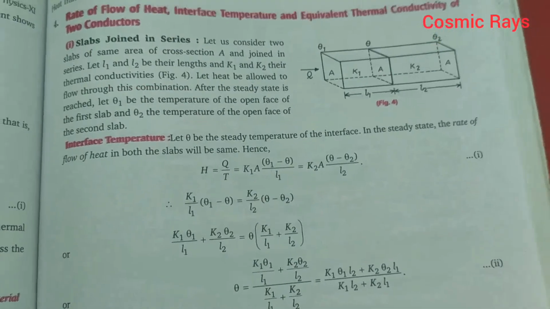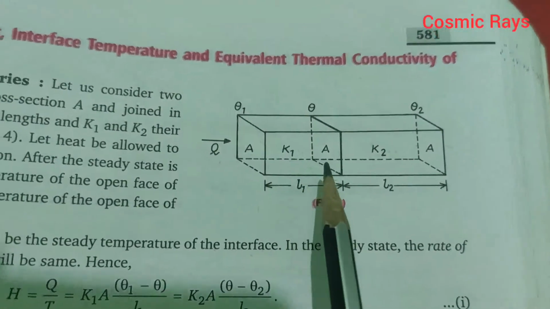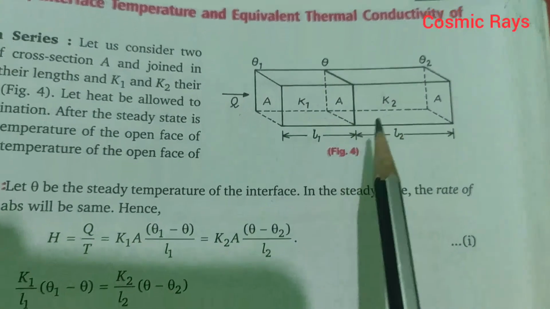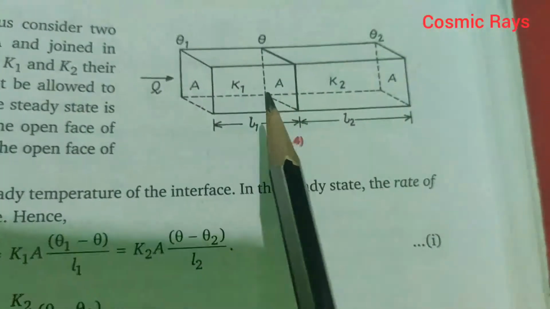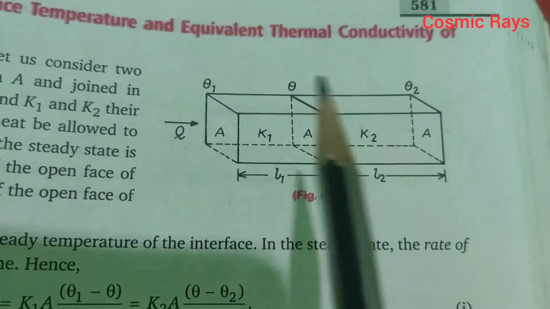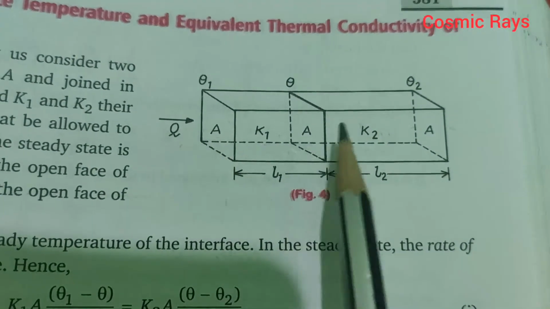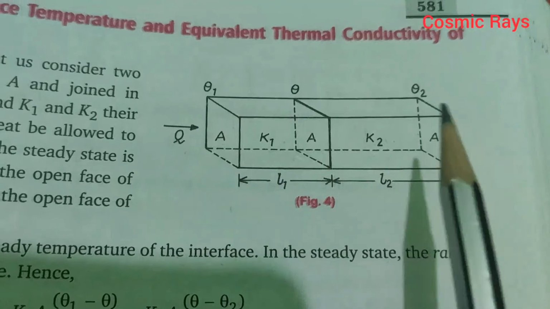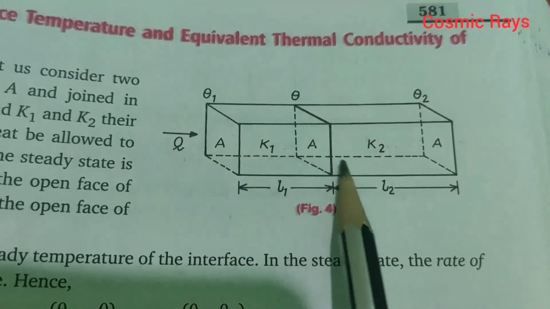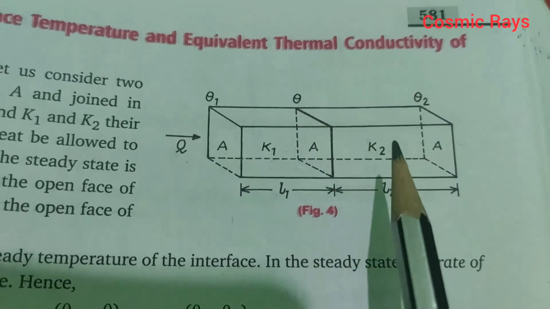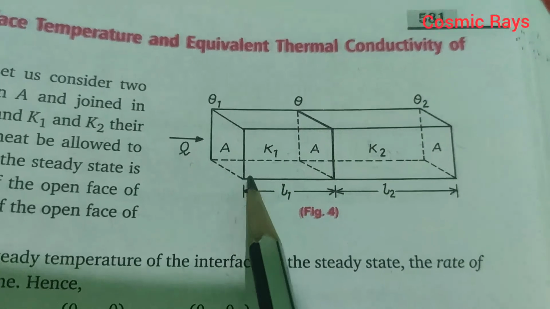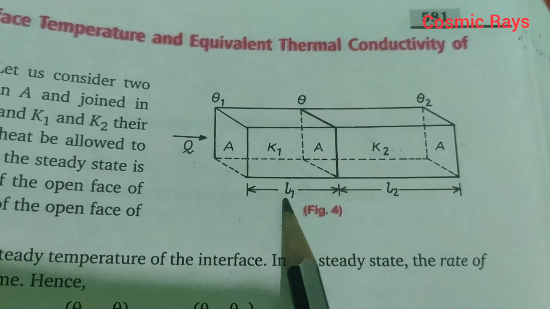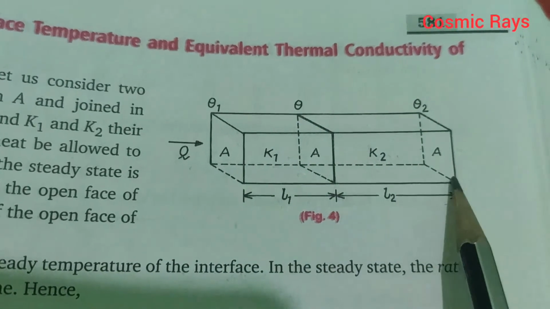So first we will see when these slabs are joined in series. We assume that we have taken two slabs and joined them in series. Both these slabs have area of cross section A, and this is the interface where they have been joined. We assume that the length of the first slab is L1 and the length of the second slab is L2.